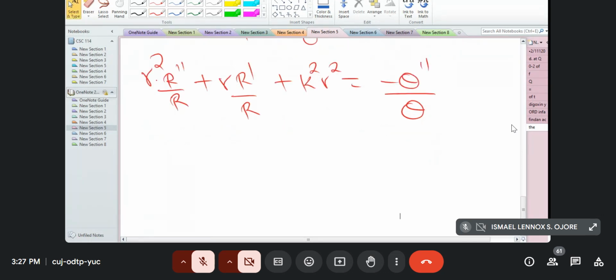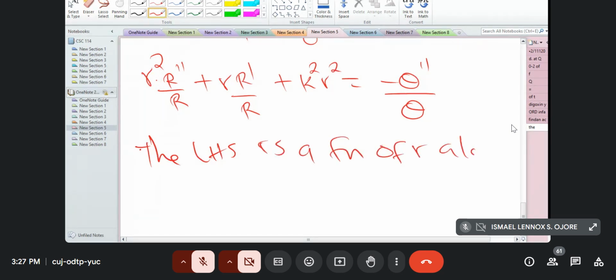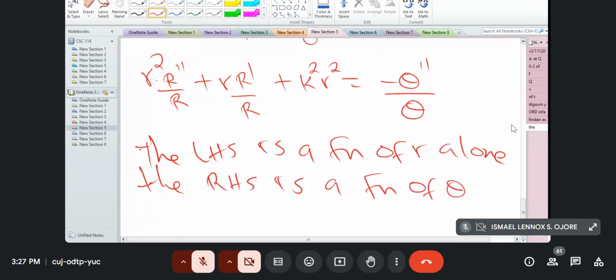Again, in this case, the left-hand side is a function of r alone. The right-hand side is a function of theta alone.